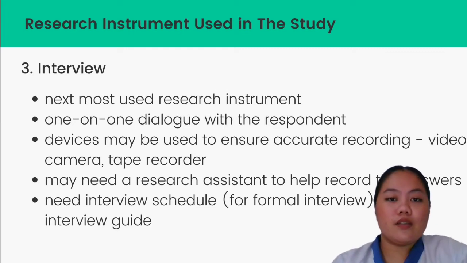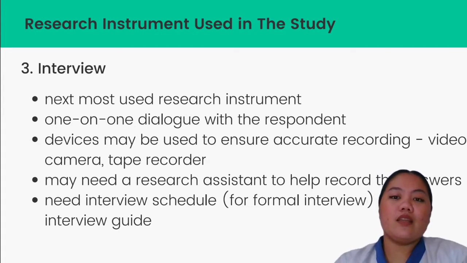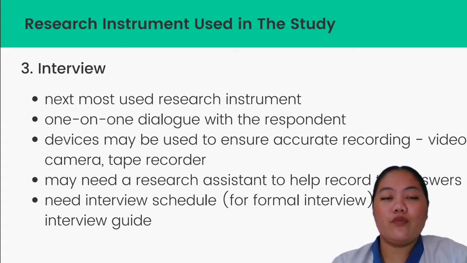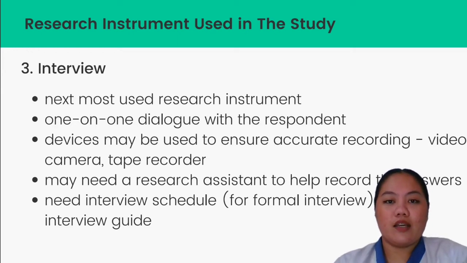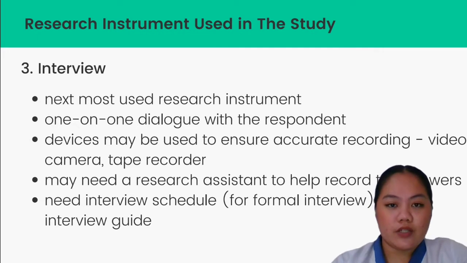The next research instrument that we use in our study is the interview. An interview is a qualitative research method that relies on asking questions in order to collect data. It involves two or more people, one of whom is the interviewer asking the questions. The interview is the most used research instrument because it is most effective for qualitative research. Why?